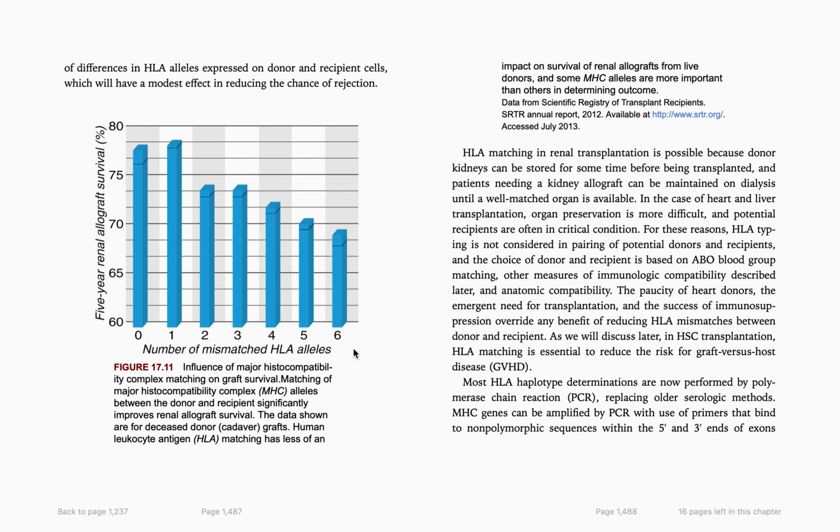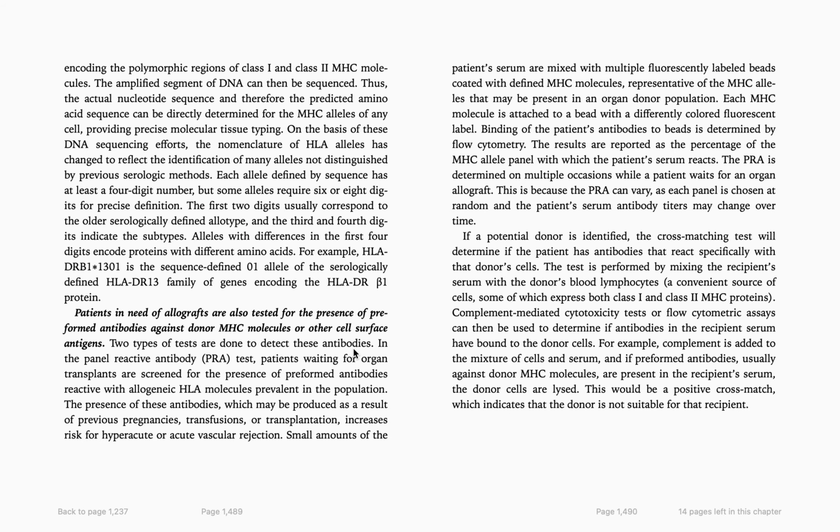MHC genes can be amplified by PCR with the use of primers that bind to non-polymorphic sequences within the 5' and 3' ends of exons encoding the polymorphic region of class 1 and class 2 MHC molecules. The amplified segment of DNA can then be sequenced. Thus, the actual nucleotide sequence and therefore the predicted amino acid sequence can be directly determined for MHC alleles of any cells, providing a precise molecular tissue typing.